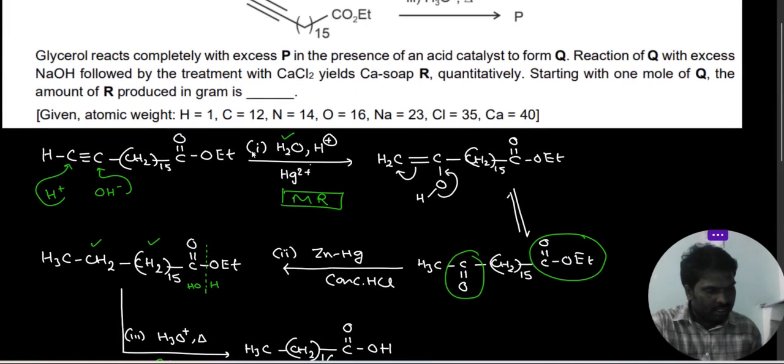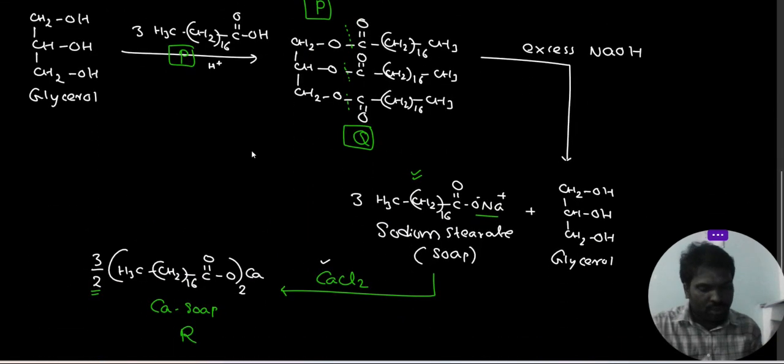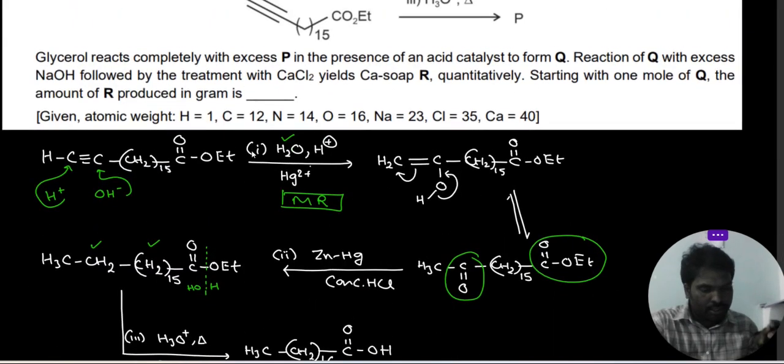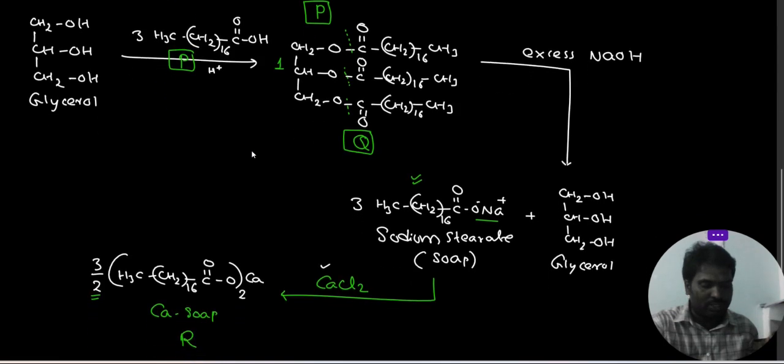What is the question? Starting with one mole of Q, the amount of R produced in grams. So here 1 mole of Q, and the amount of R means how much calcium soap is formed?